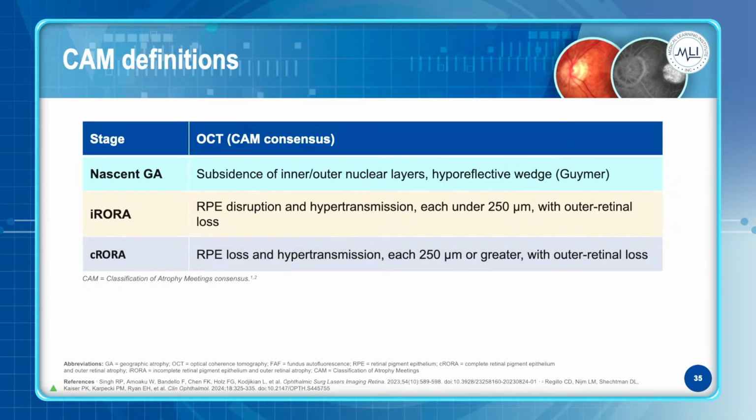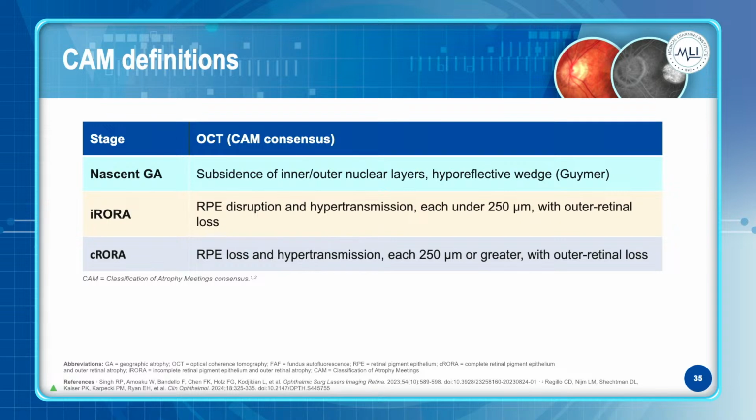This was coined by one of my colleagues, Robyn Guymer, who's also part of the CAM group. Her definition preceded the CAM definitions, and this was nascent GA. And she describes subsidence, or a sinking down of the inner retinal layers, the inner plexiform layer, and I'll show you that in just a minute, and a hyporeflective wedge.